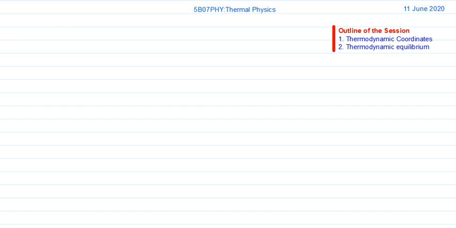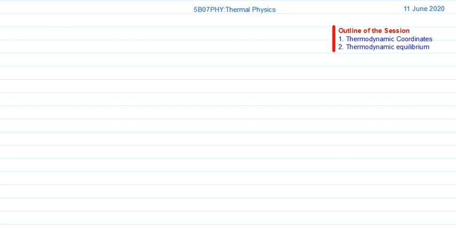Hence, in order to describe the thermodynamic state of a system, we will be using a number of variables or parameters which are also known as thermodynamic coordinates. Hence, thermodynamic coordinates can be described as those quantities which define the macroscopic state of a system.